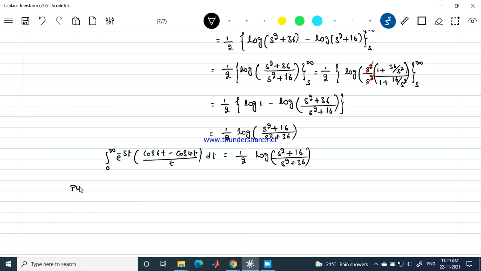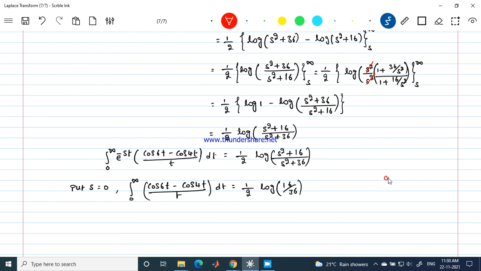In this one, as I mentioned, I need to take s equal to 0. We get integration 0 to infinity cos 6t minus cos 4t upon t dt equal to 1 by 2 log of 16 by 36.